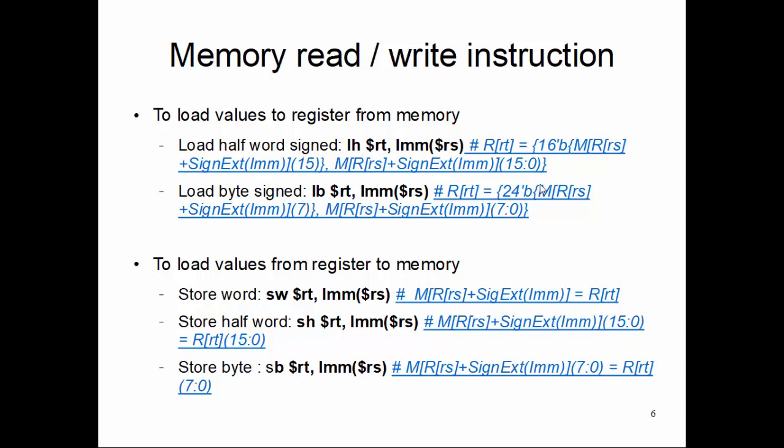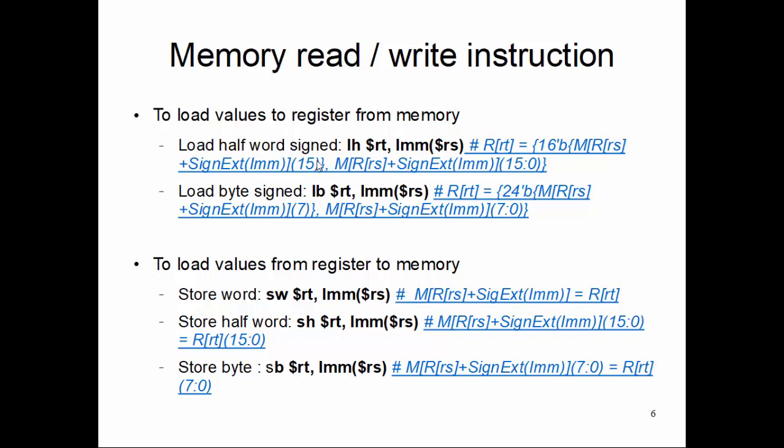Then what we are doing here is replacing the higher 16 bits of the register RT with the 16th bit of the 32-bit content read from memory. I'm replicating the 16th bit. So if the 16th bit of the 32-bit read from the memory is 1, I replicate sixteen 1s in the higher part of the RT.